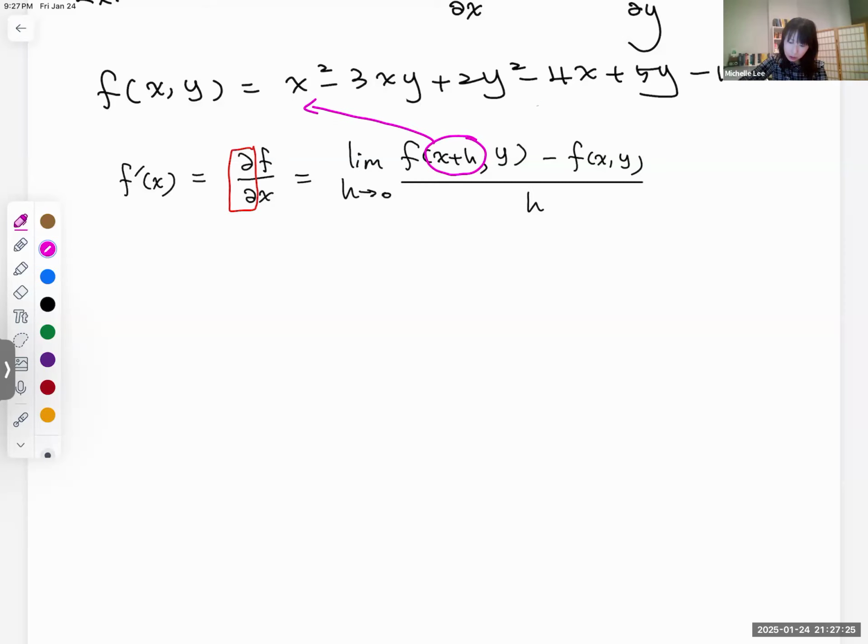So substitute there, substitute there, substitute there, and the y is just y.